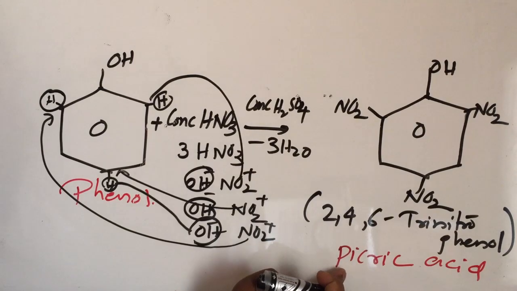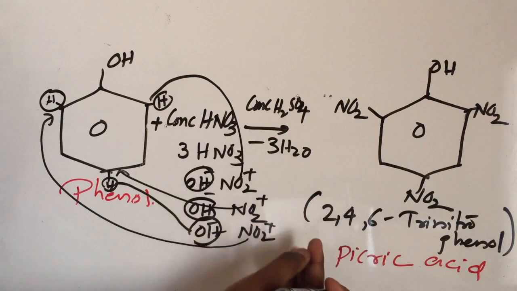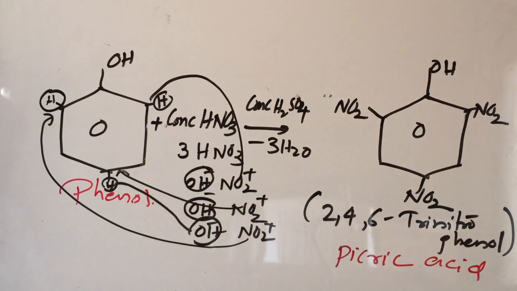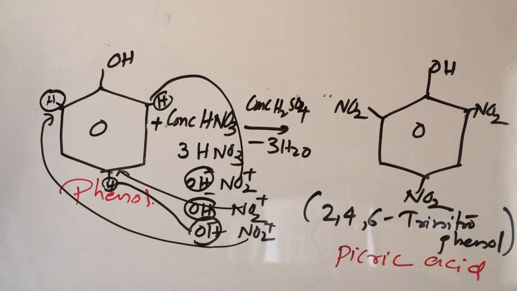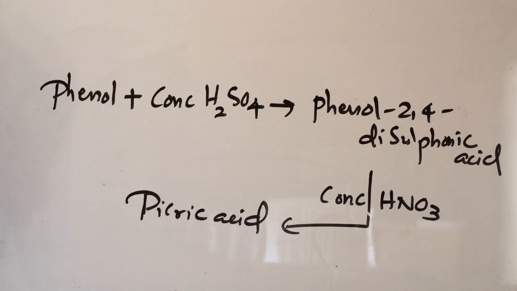Here the yield of picric acid is very low during this reaction. So there is one more method for preparing picric acid. Let's see those steps. The yield of picric acid formed from the direct nitration of phenol is very low.